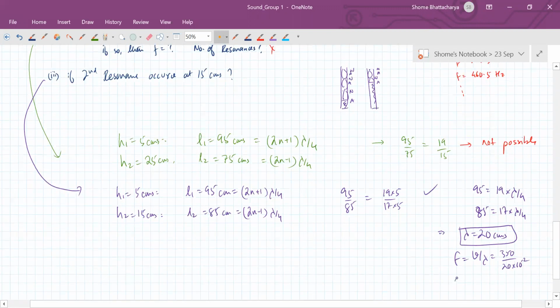So it is going to be how much? 1750, is it? So this is going to be the tuning fork's frequency.